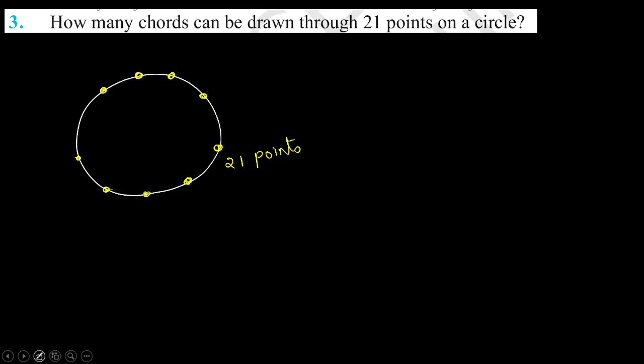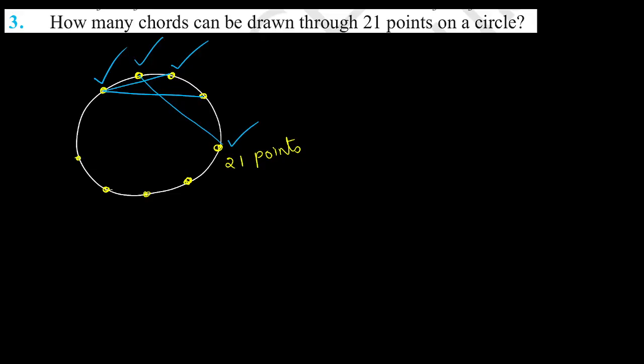In order to get a chord, I want to select 2 points. For example, if I select this one and this one, this will be the corresponding chord. If I select another possibility, I get another chord.